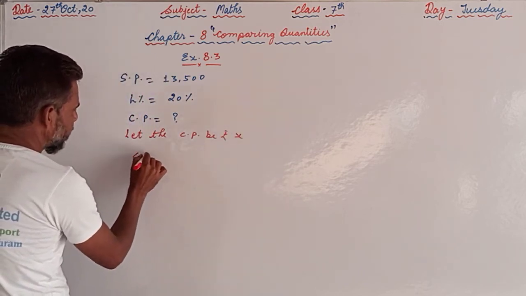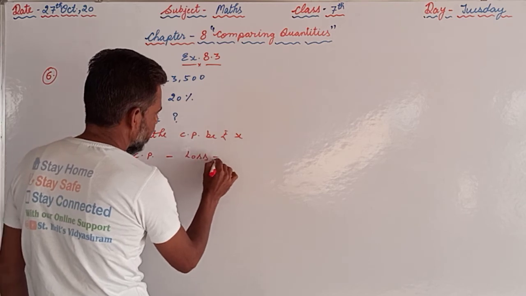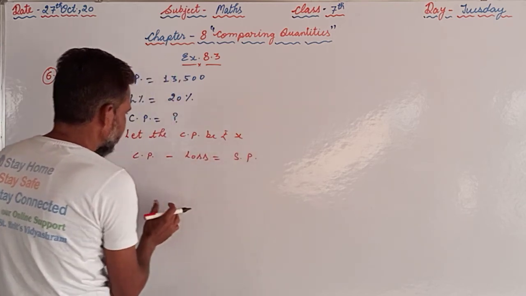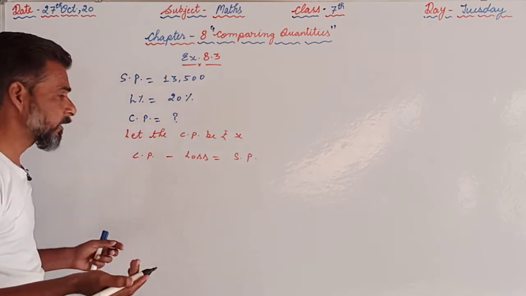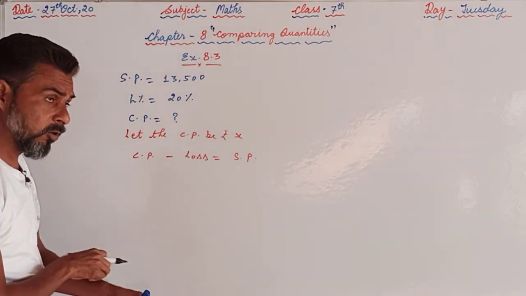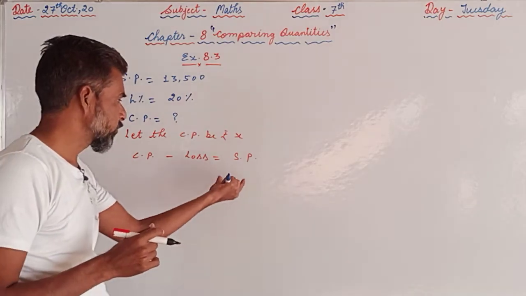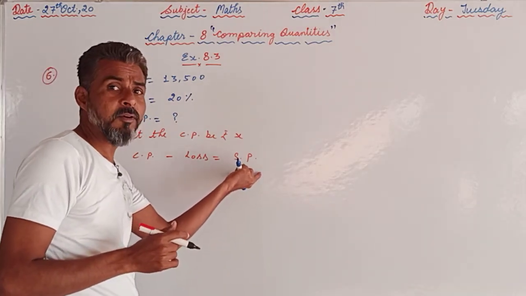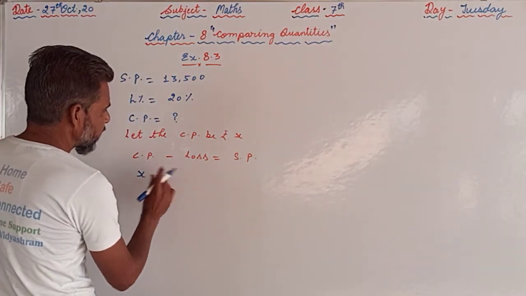So, CP minus loss is equal to SP. CP is the amount we have paid to purchase that item, and we suffered a loss, so minus loss, and afterwards we sold that washing machine. So CP is X minus loss.